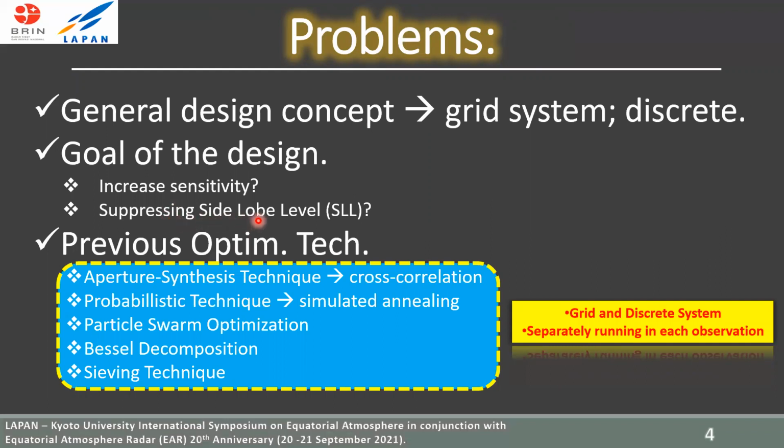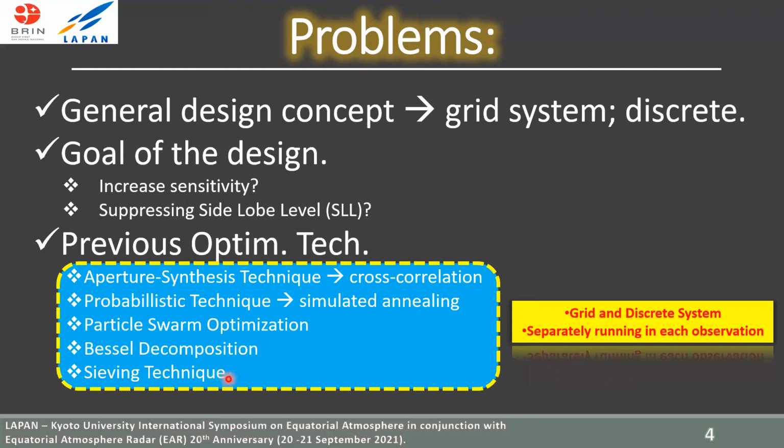To solve this kind of problem, some previous optimization techniques have been developed, like the aperture synthesis technique based on cross correlation calculation, and probabilistic techniques using simulated annealing, particle swarm, and autonomous shifting techniques.